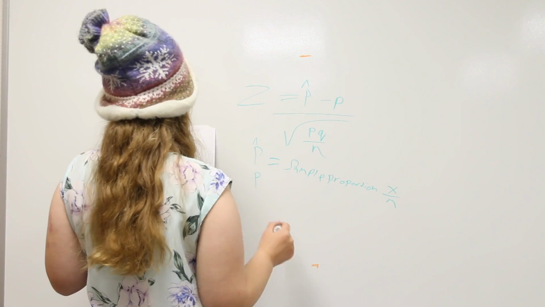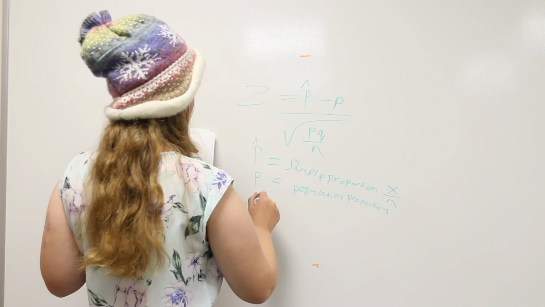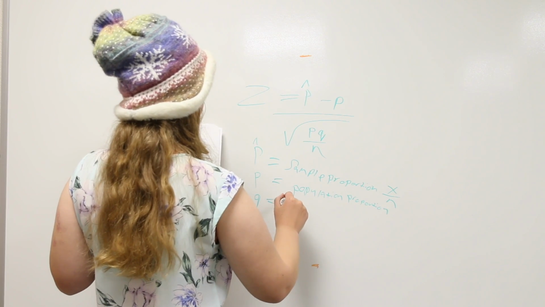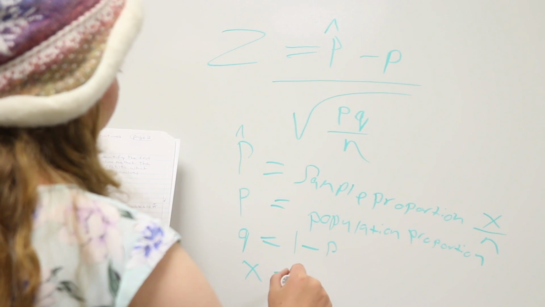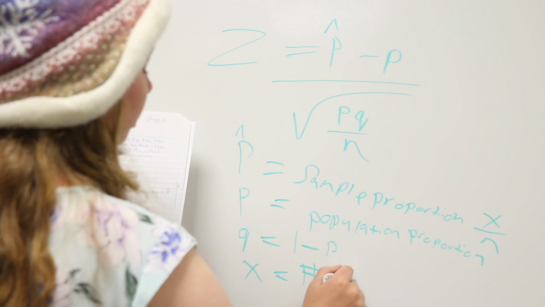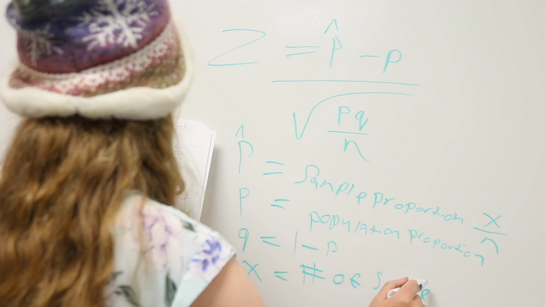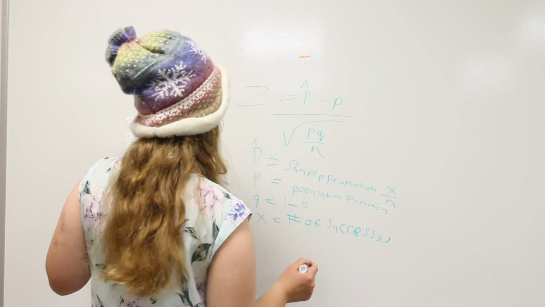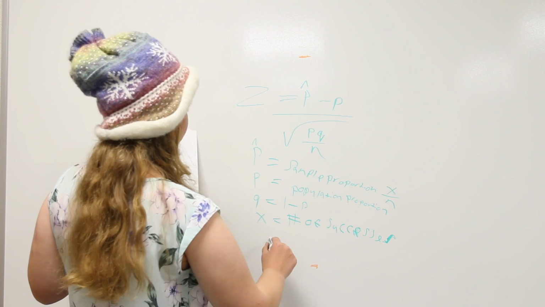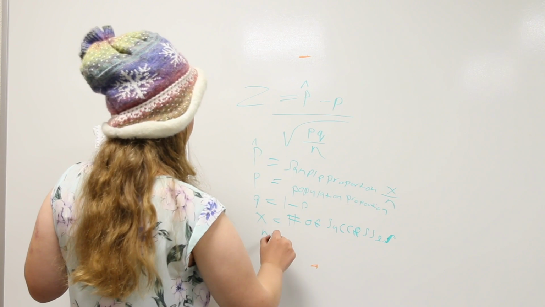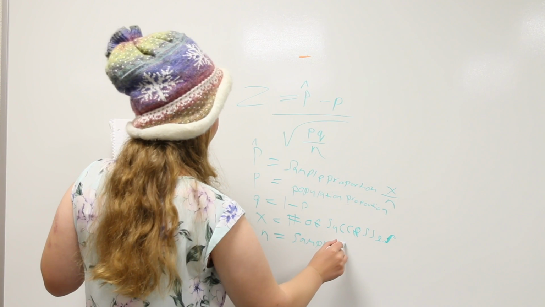P is the population proportion. Q equals 1 minus p, x is the number of successes, and n equals the sample size.